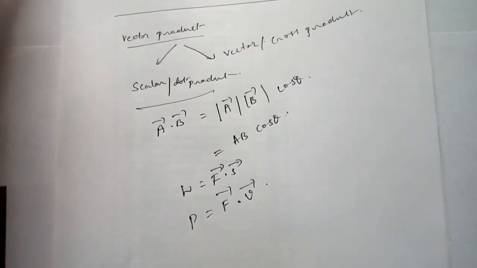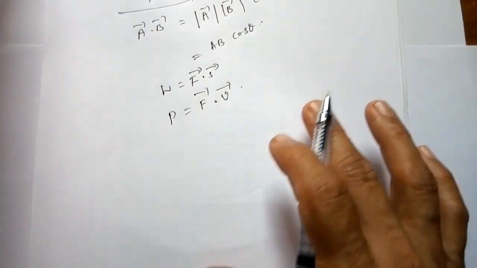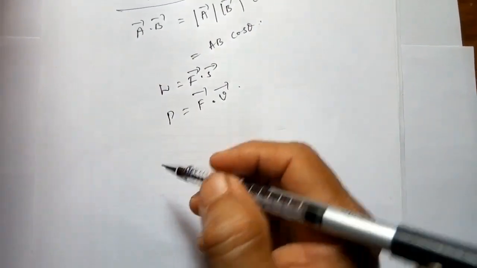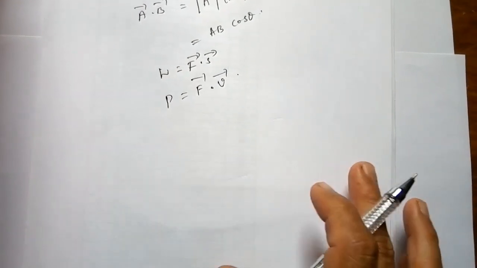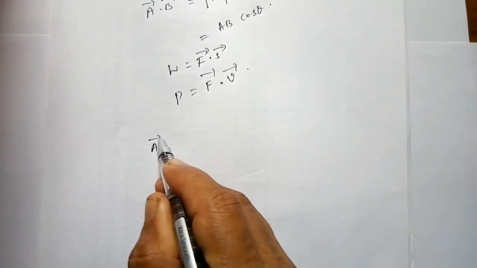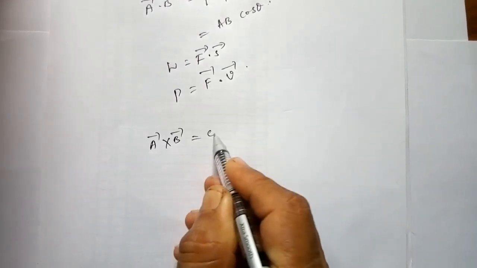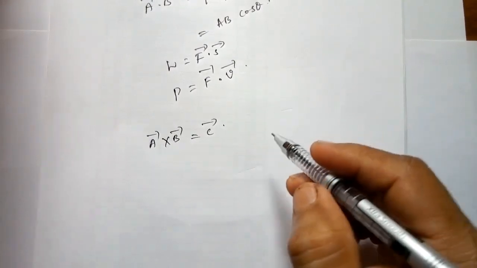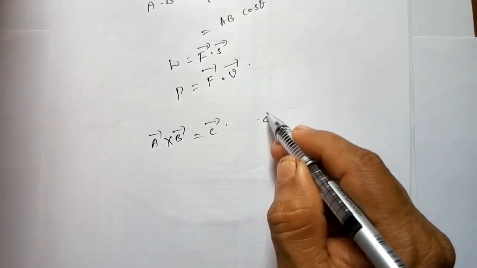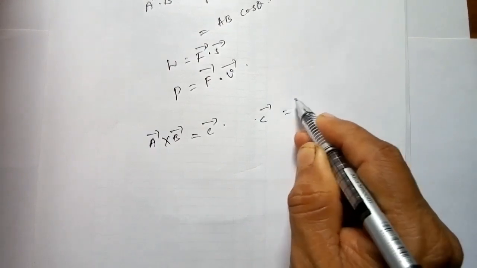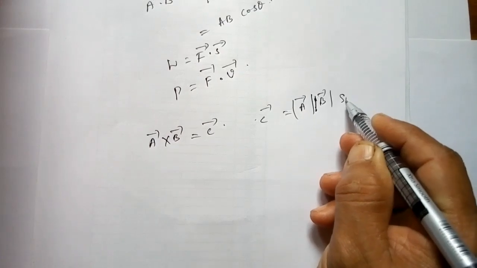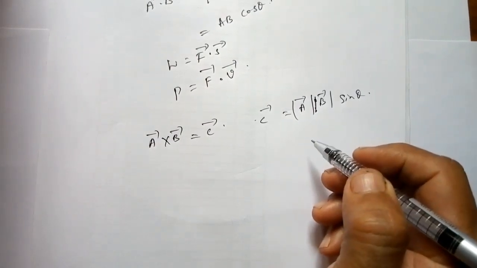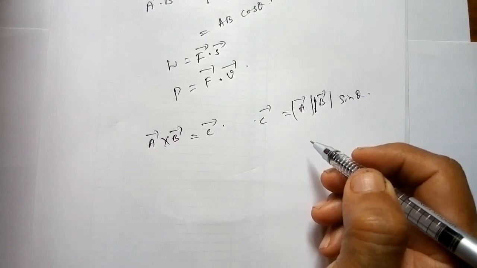Next, of course, for the vector product or cross product, whenever you multiply two vectors, the resultant is also a vector, known as the cross product. Simply we can write A cross B is equal to C, where the magnitude of C is modulus of A and B sin theta.